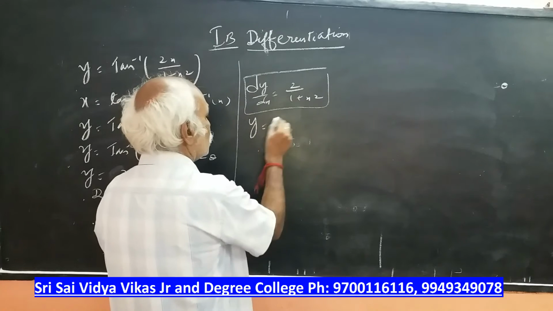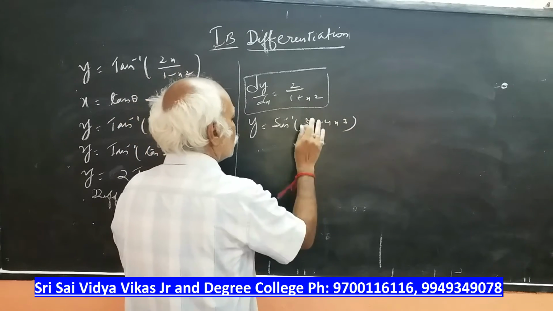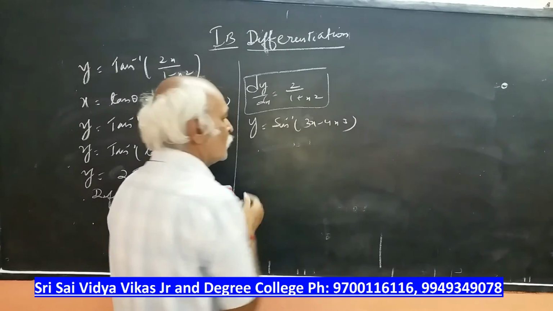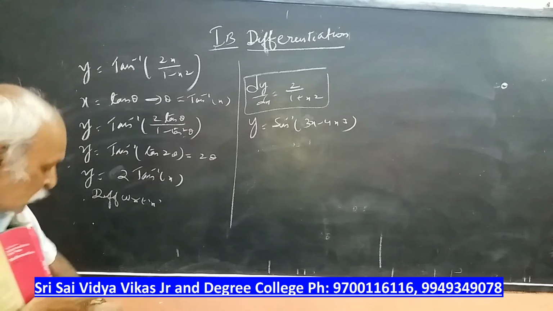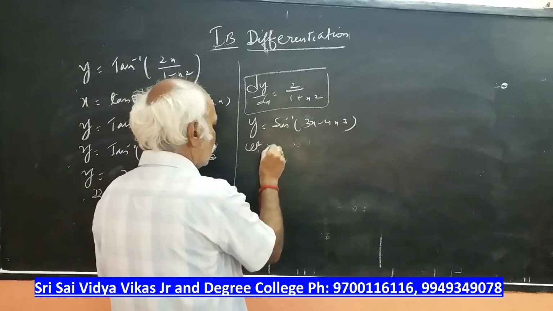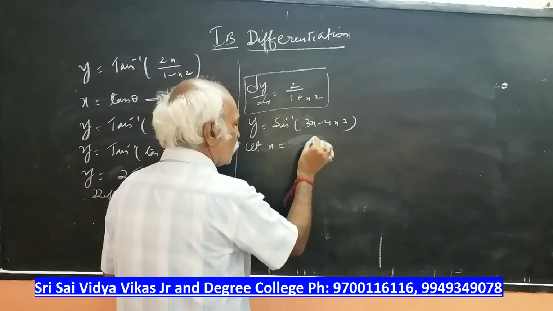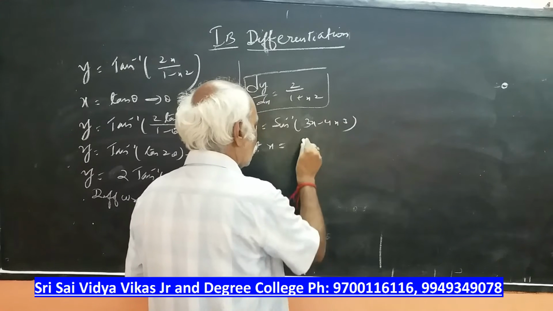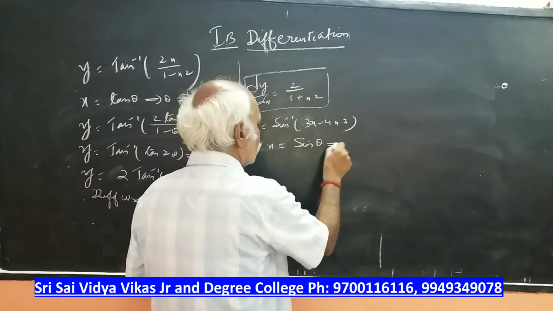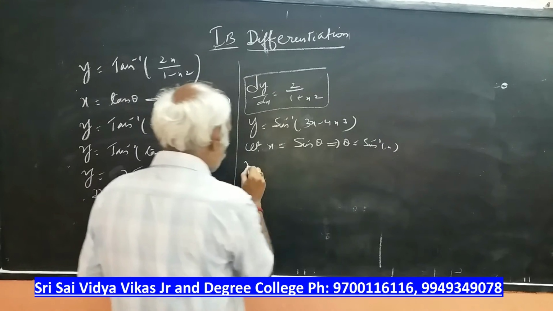y is equal to sin inverse of 3x minus 4x cube. What is that? 3x minus 4x cube. So, let x is equal to sin theta, so theta is equal to sin inverse x.